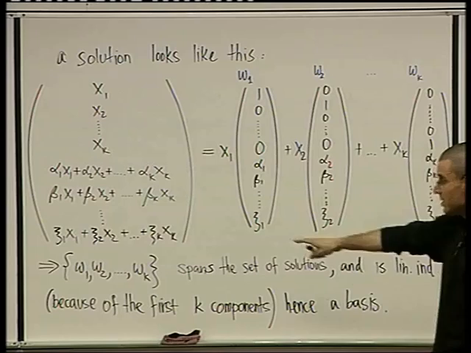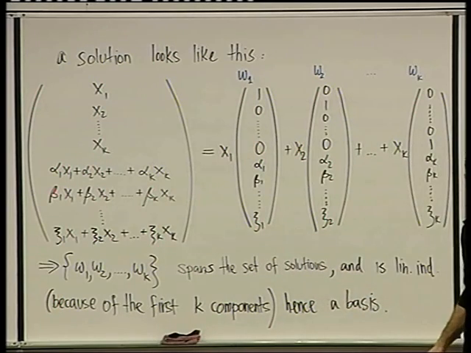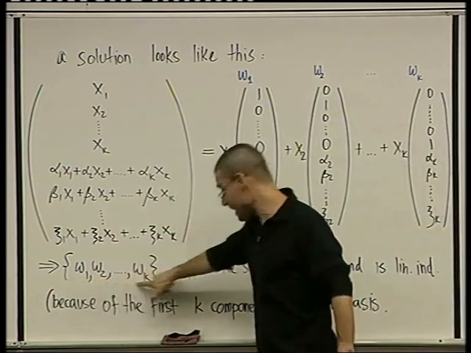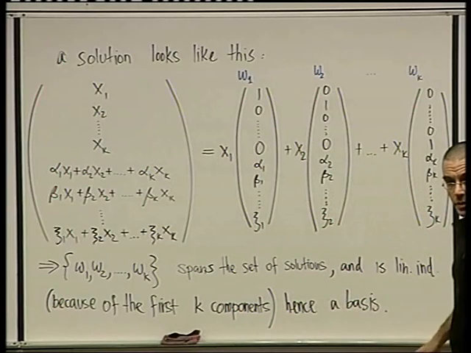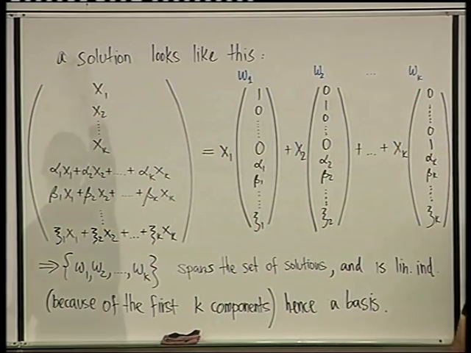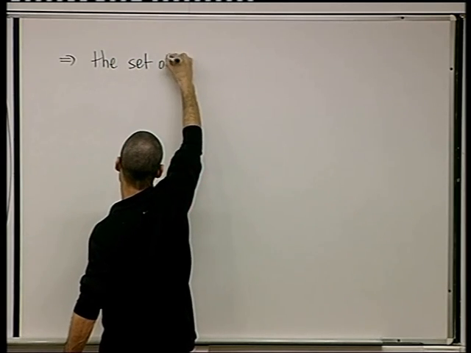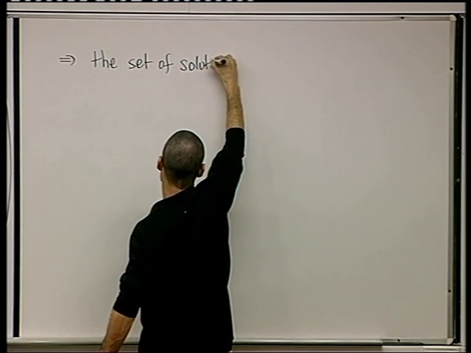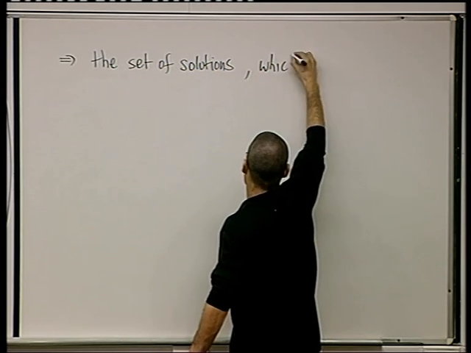So we found a basis for the set of solutions that has how many vectors? K. There are precisely k vectors here that are a basis for the set of solutions, which we call the null set.